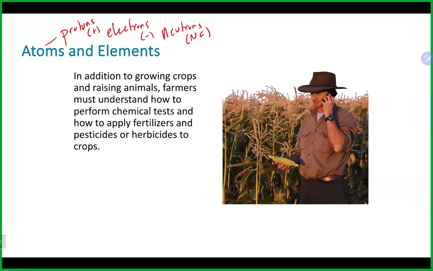So when we talk about elements, a couple of reminders, there are also molecules. And a molecule's basic definition is pretty much all you need: 2 or more atoms together.